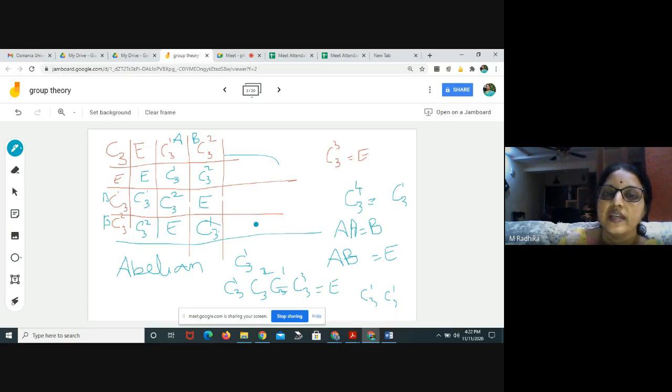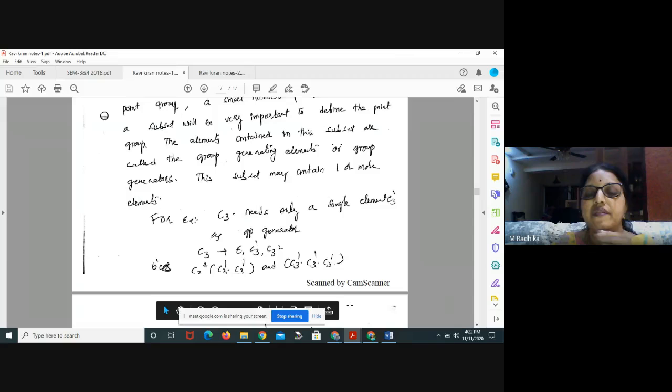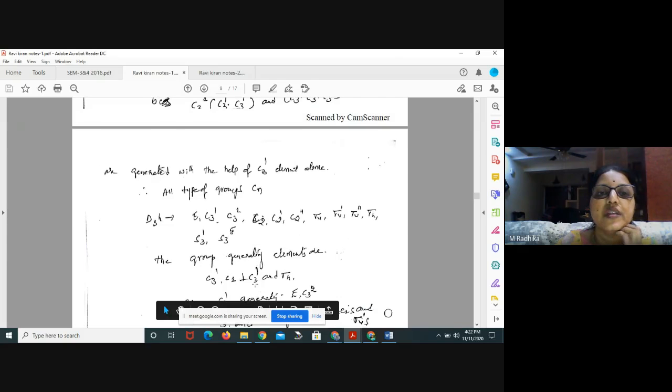Using one element, I can generate the other elements. So the group generating element for the C3 point group is one, C3^1. In that way, every point group will have some group generators. C3^1 will give you E, and C3^1 will give you C3^2. This is how we have generated.